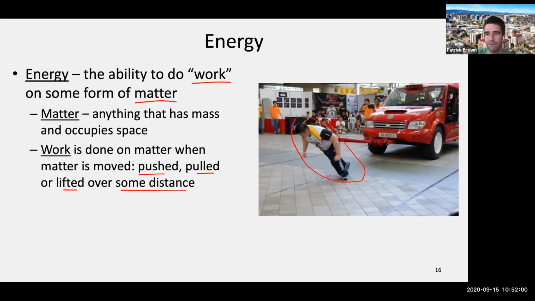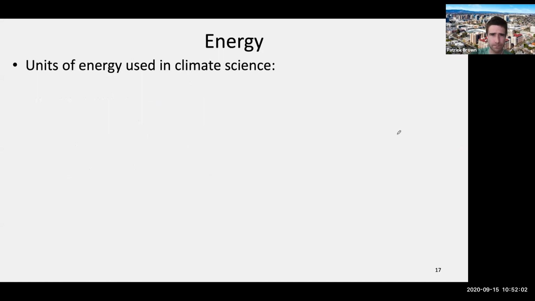So we have several units of energy that we use in climate science. You may have heard me mention a joule before. A joule is the international standard unit of energy that's used in all of science.